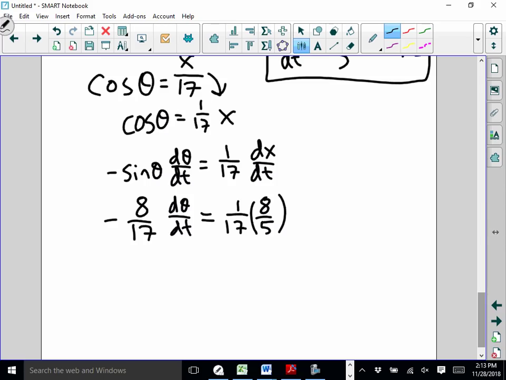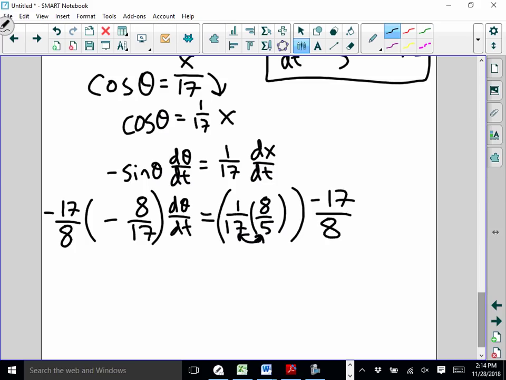So, to make this a little bit easier, I'm not going to simplify this right now because it's going to come out in the wash. What I'm going to do is multiply both sides by the reciprocal, which would be -17/8. And look at what beautiful thing happens here, right? That all goes away.